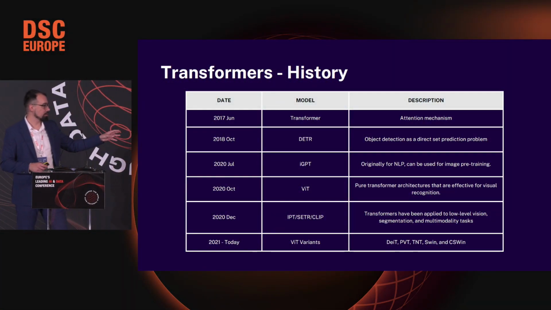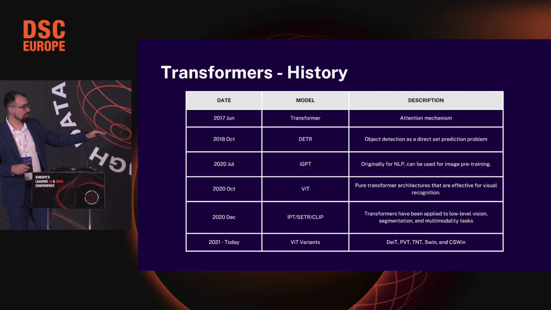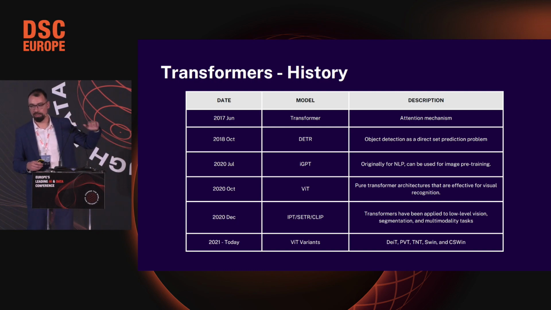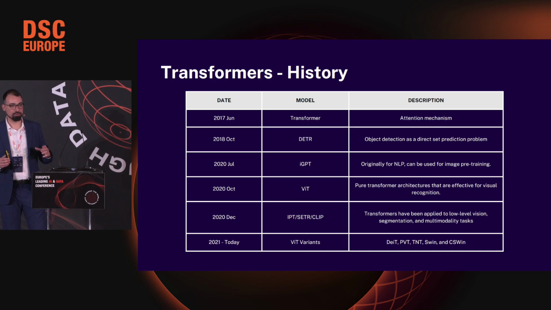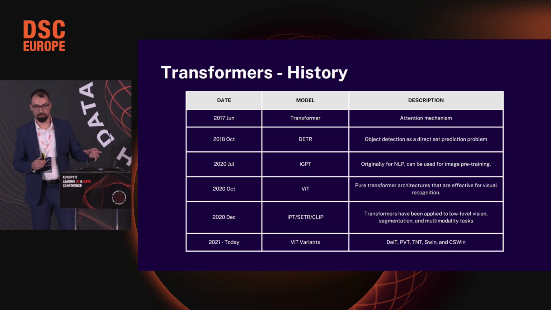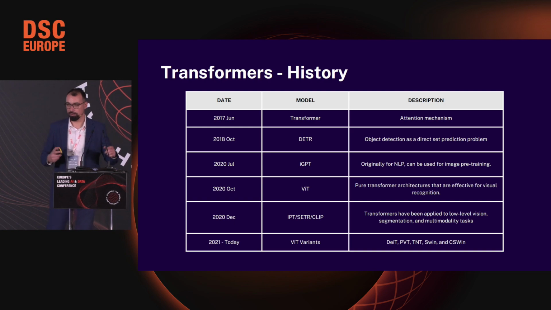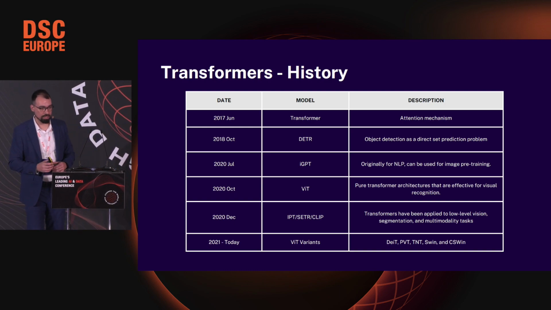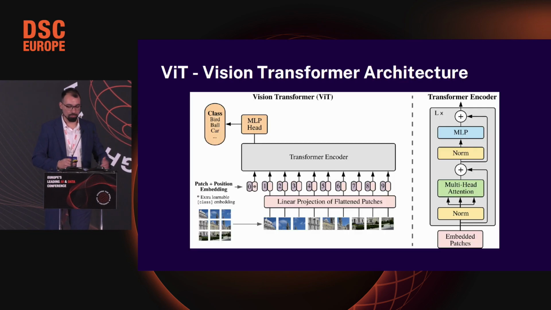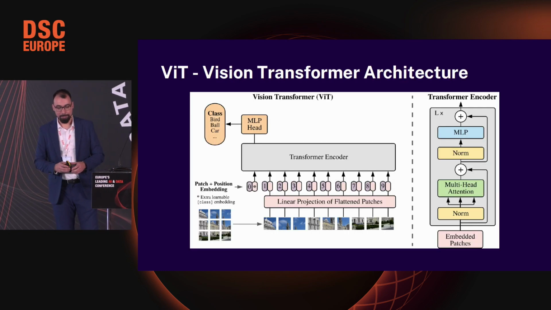Oh, sorry, just one before. After ViT, there is now active research on how to solve the different problems that we have with the ViT architecture. We are going to talk about these problems later on, but this is an active and ongoing development currently in the world.